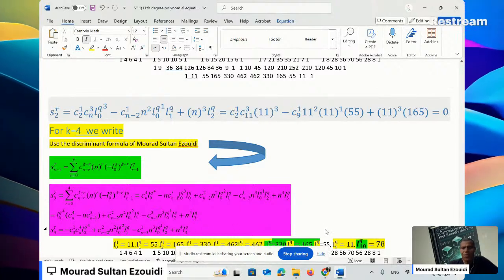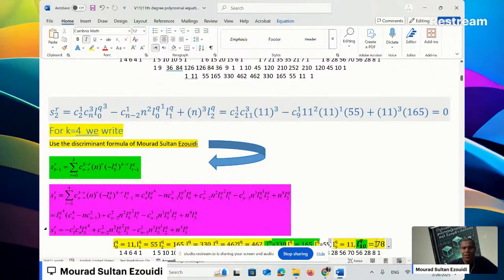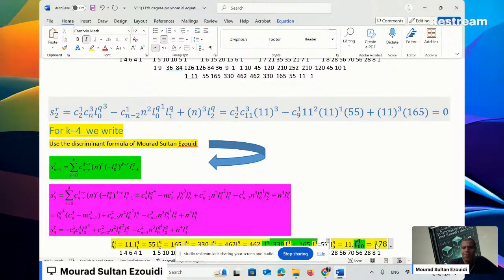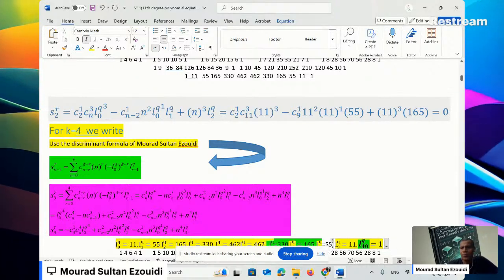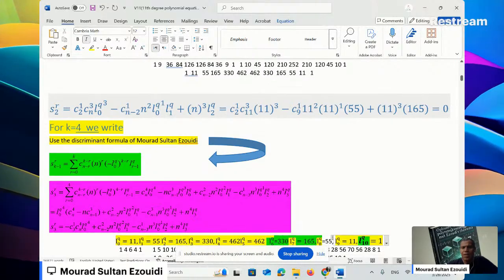Of course, the last coefficient here is going to be equal to 1, not 78, because of the example we did before. So we continue, my kids.